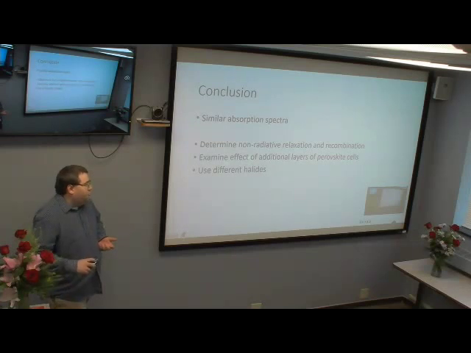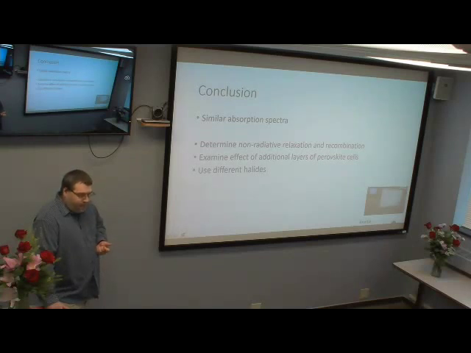We should also examine the effects of additional perovskite layers. Both of the models I was using had 3 perovskite layers before the intermediate layer that offset them. And we also need to use different halides for this process. It has been shown by other groups that halides affect the band gap of these materials.